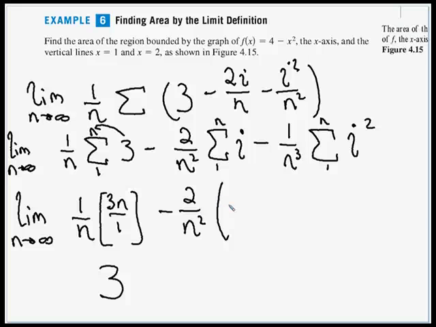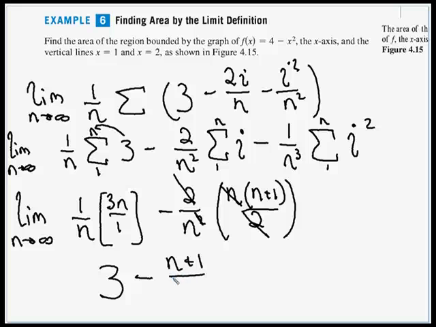So we replace i with n times n plus 1 over 2. And we'll see here the 2's will cancel. This n will cancel with one of these. So it looks like we're going to have n plus 1 over n. So minus n plus 1 over n.